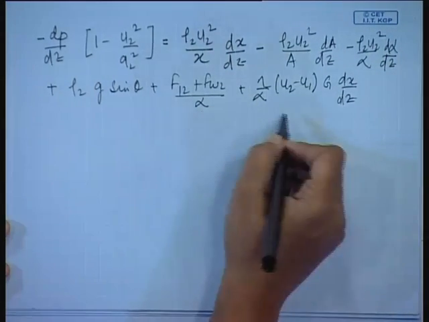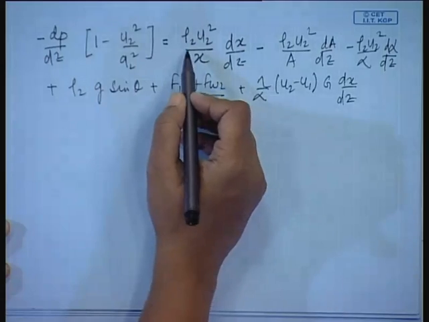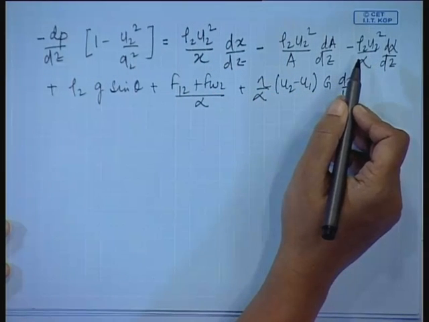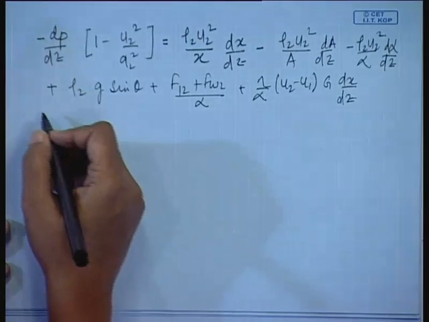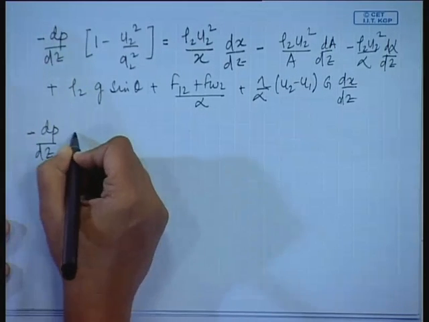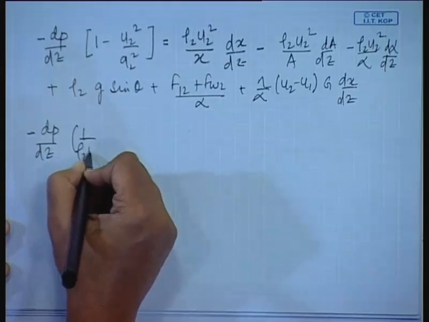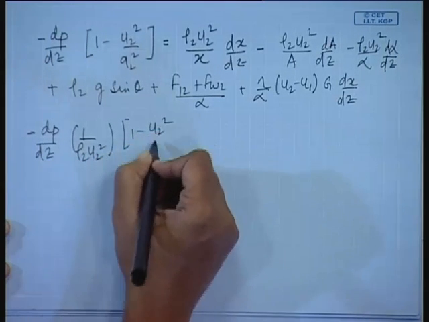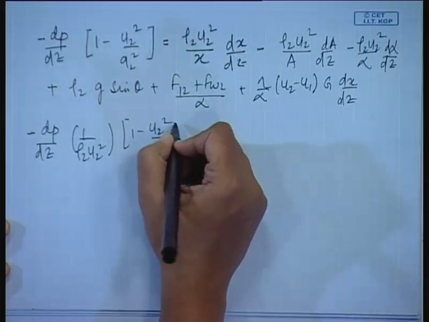So, this again can be written down, as we have rho 2 u 2 square everywhere. Therefore, we can write it as minus dp dz times 1 by rho 2 u 2 square times 1 minus u 2 square by a 2 square.